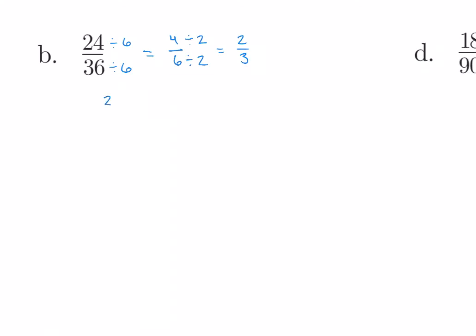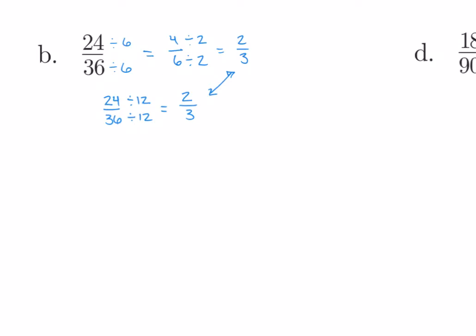So just to show you that we're still going to get the same answer no matter what, our greatest common factor is actually 12. If we divide top and bottom by 12, we get 2 over 3. And so notice that we do get the same answer no matter what.